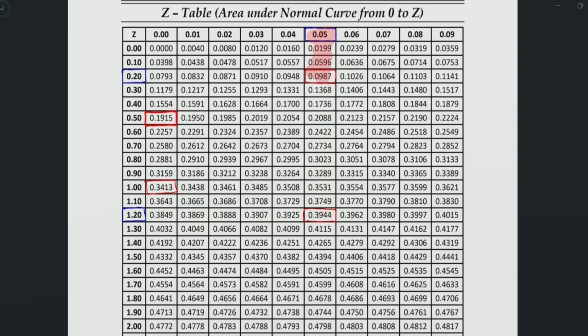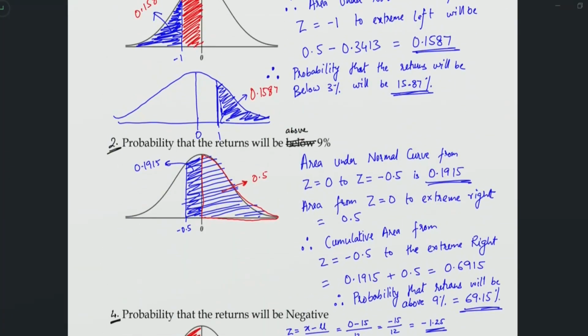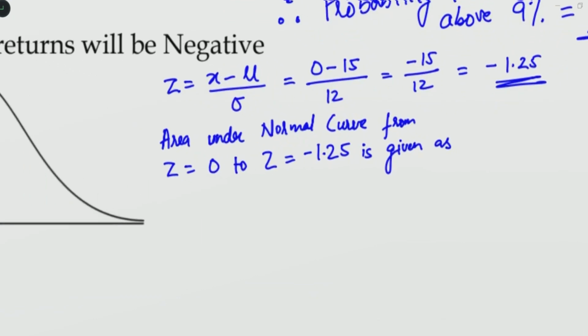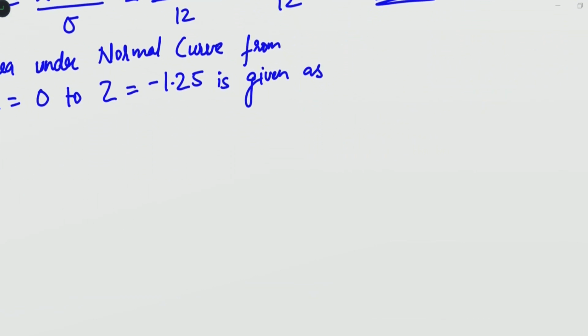What is this 0.3944 area? It is the area from z equal to 0 to z equal to negative 1.25, and that is given as 0.3944.